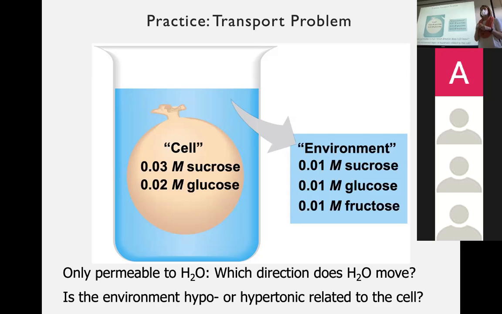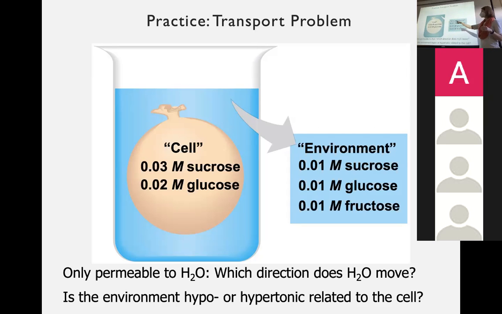We know that water is going to move towards the hypertonic, where there's more solute, right? So we need to figure out, is there more solute in the cell, or is there more solute in the beaker outside the cell? This cell membrane, we're calling this a cell, it's just like a balloon, we'll say it's only permeable to water.